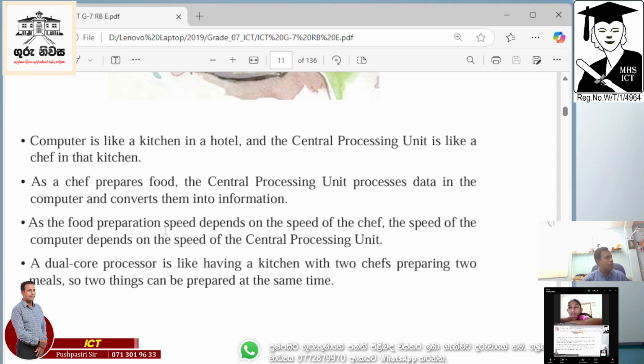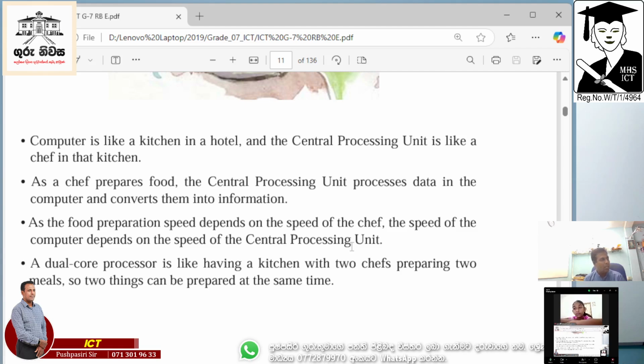As the food is prepared, the speed depends on the speed of the chef, right? How long we take to get the meal depends on the chef. If the chef is very slow, it takes a long time to get the food. But if the chef is very fast, we get the food very fast.